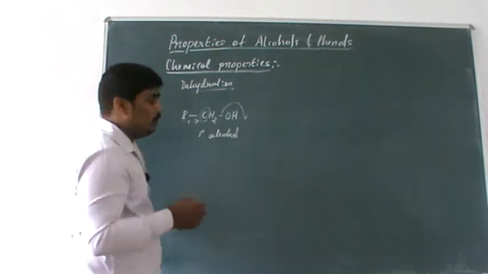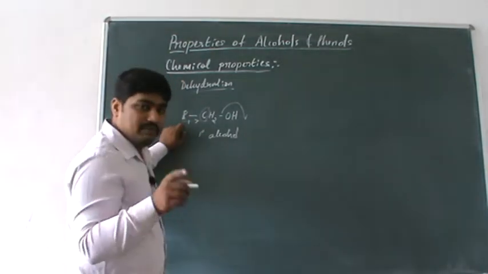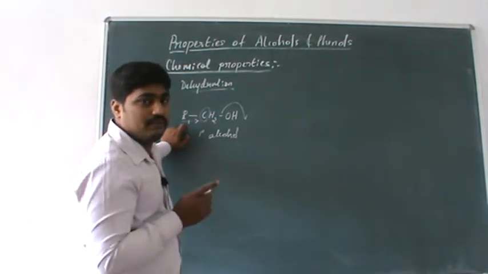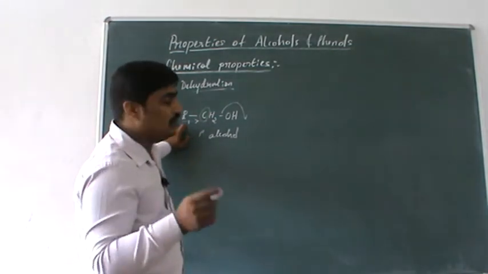In the previous video, we considered primary alcohols that undergo dehydration and produce alkene. Let me recall once again.